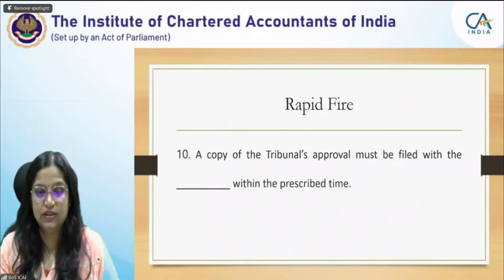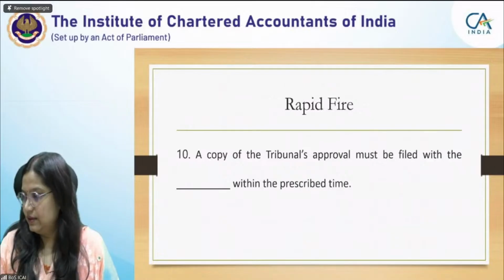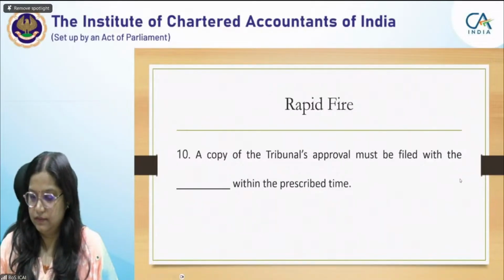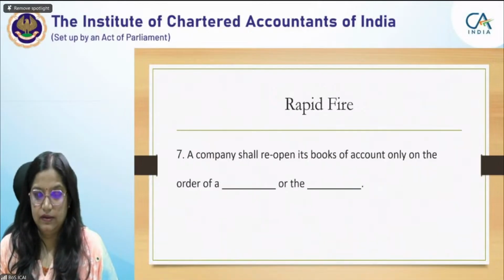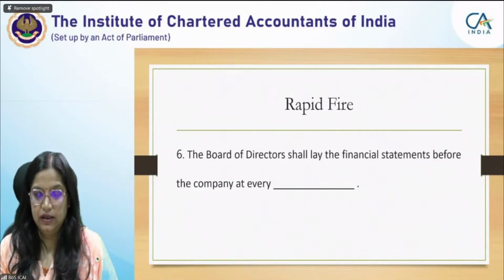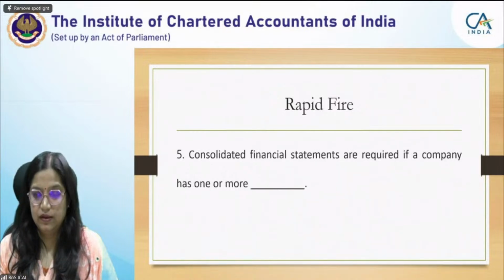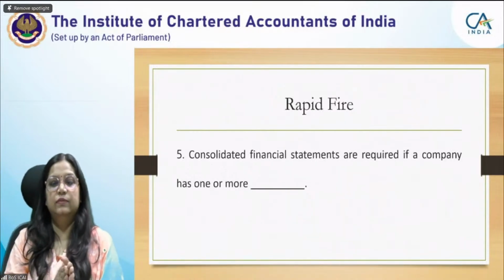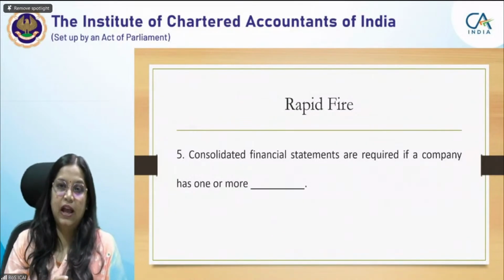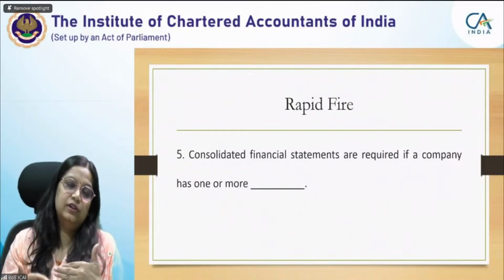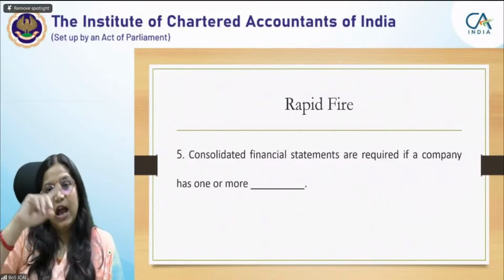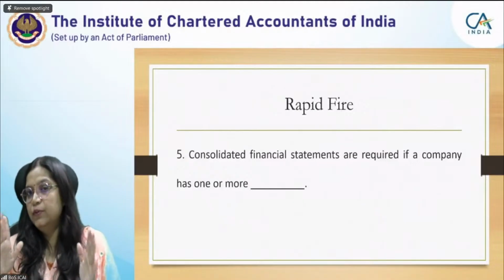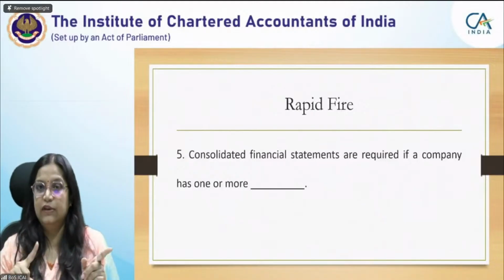If I give you just one question here: consolidated financial statements are required if a company has one or more subsidiaries or associates or joint ventures. So you have to now remember the provisions related to CFS.